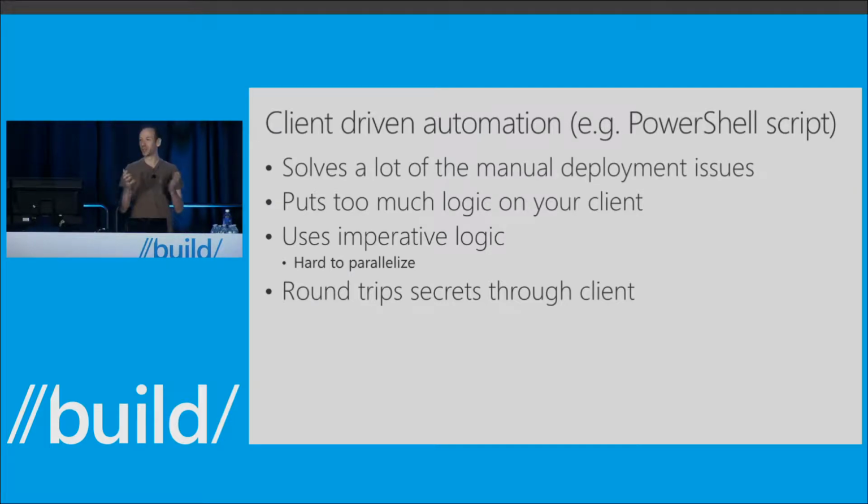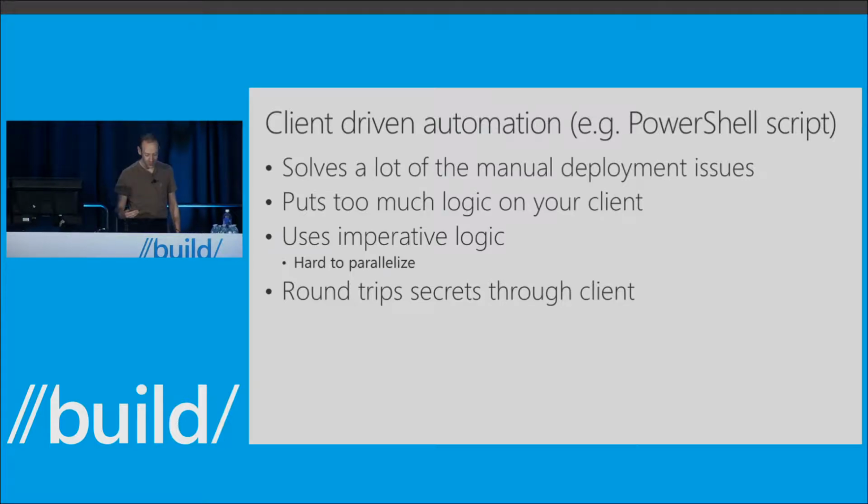Which is pretty much you writing code in PowerShell or other language. And code is hard to parallelize. For instance, if you have two resources that don't depend on each other and that could very well be provisioned at the same time, if you write a PowerShell script, chances are you're going to do it sequentially.